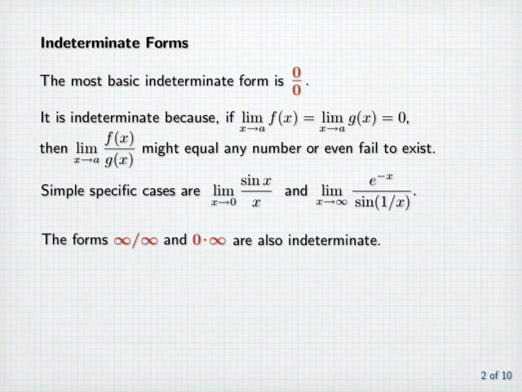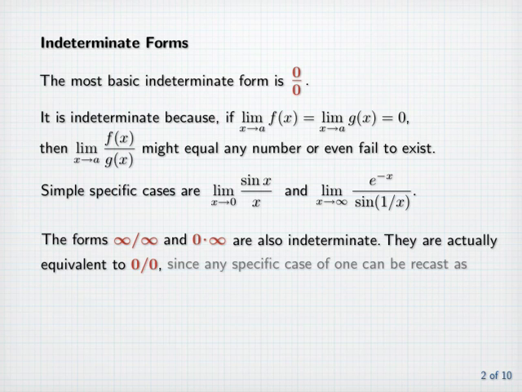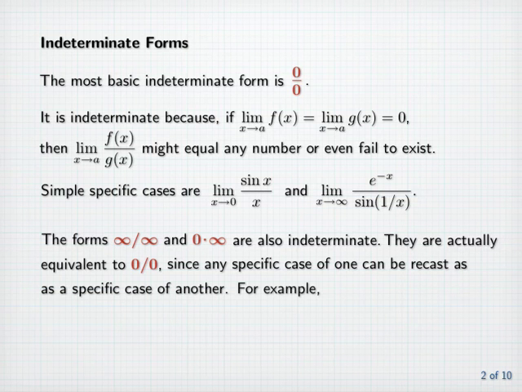These are actually equivalent to 0 over 0, since any specific case of one can be recast as a specific case of another. For example, consider the limit as x approaches 0 from the right of x times log x. As it's written, this is a 0 times infinity limit, actually 0 times negative infinity. By rewriting x as 1 over 1 over x, we can rewrite this as the limit as x approaches 0 from the right of the natural log of x divided by 1 over x.